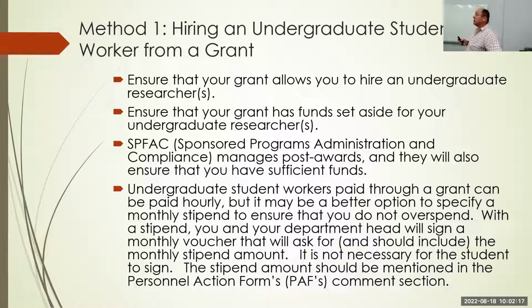We're going to talk in just a minute about the form and where you specify this stipend. If you pay them hourly, you would have to worry about, am I going to overspend the funds? Did they work too many hours? If you specify, for example, $500 a month, I want to pay 4 undergraduate students $500 a month, March through April, whatever it is, I'm going to show you in a minute where to put that information.